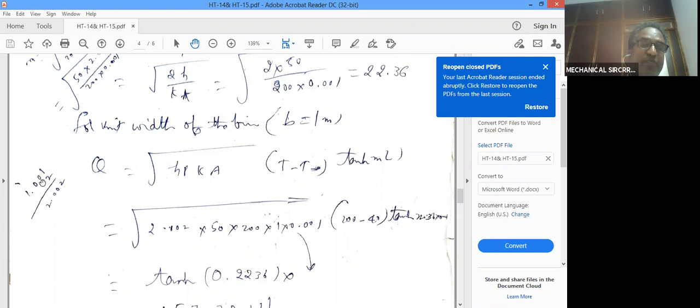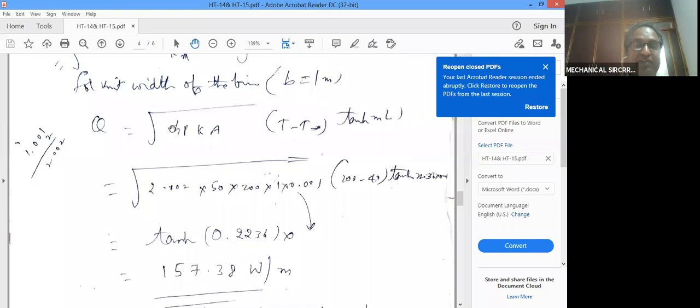If we add, 1.001 into 2 is 2.002. So perimeter is 2.002. h value 50, P value 2.002, k thermal conductivity 200, into area b into t, width b 1 meter, thickness 0.001, within the square root, into T naught minus T free stream. T naught value 200 and T free stream 40. tanh of m into L.